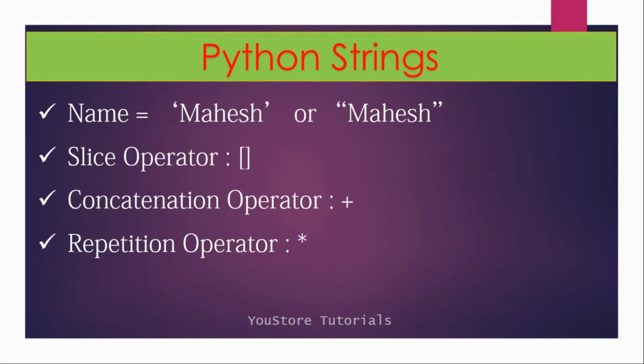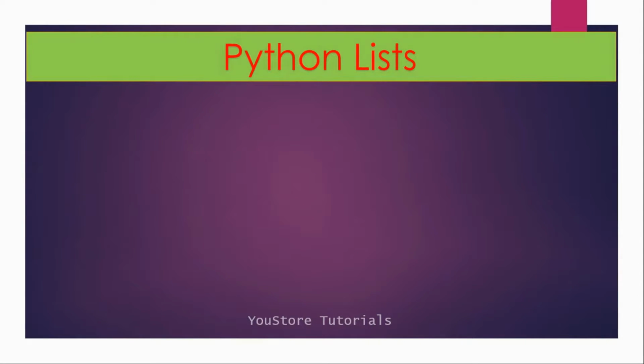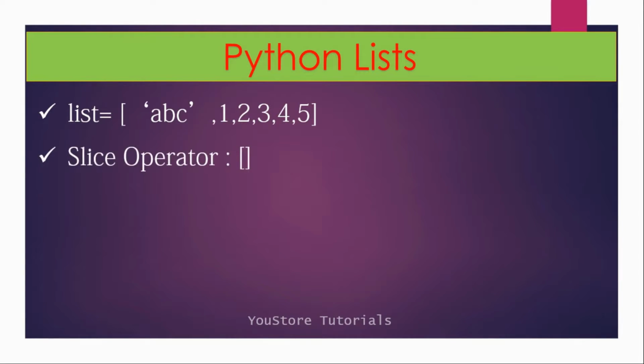The next standard data type of Python is lists. Lists are the most versatile of Python's compound data types. A list contains items separated by commas and enclosed within square brackets. To some extent, lists are similar to arrays in C. One difference between them is that all items belonging to a list can be of different data types. The values stored in a list can be accessed using the slice operator with indexes starting at 0 at the beginning of the list and working their way to -1 at the end.